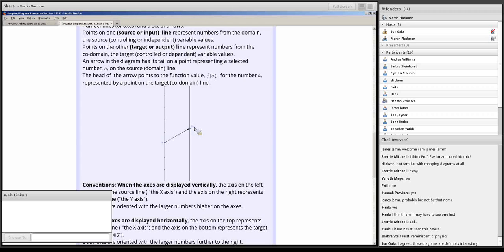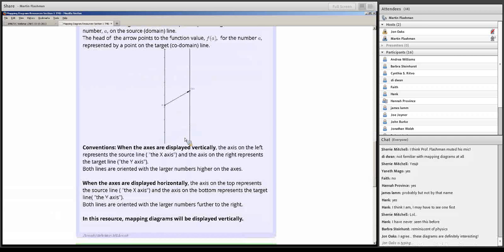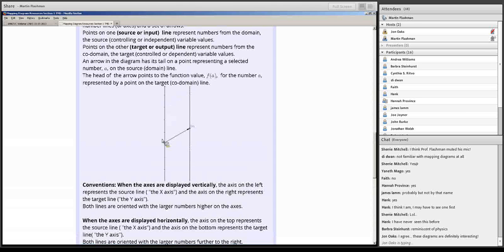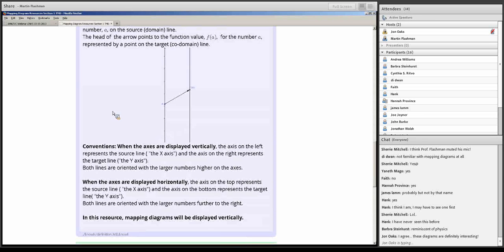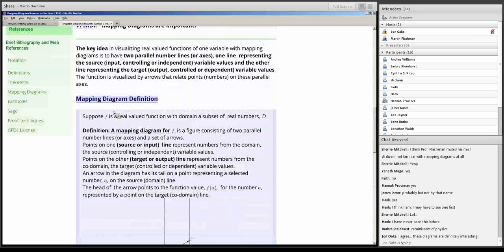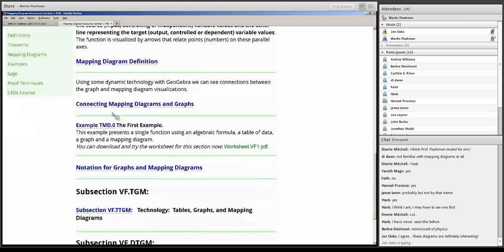The convention is usually that I do them vertically. Some people do them horizontally, and later on maybe you'll see why I do them vertically when we think about how this is visualized. By the way, these things are called nulls, which I got from Rob Beezer in his linear algebra book.